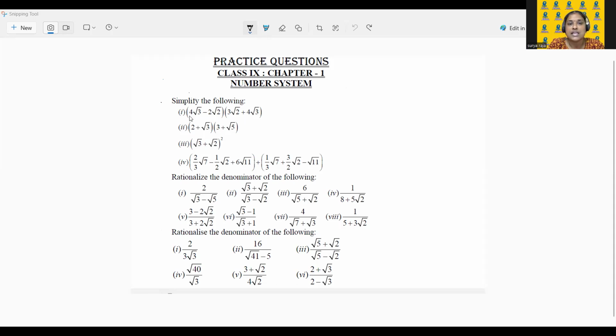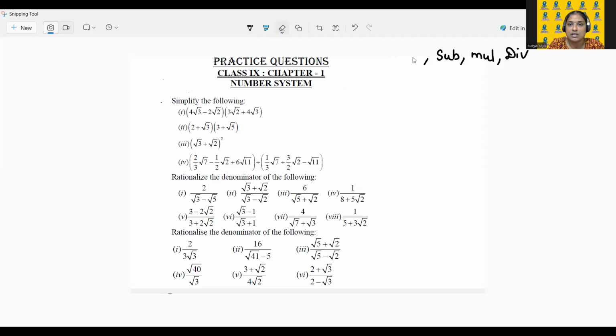Okay. See, first given here is simplify the following. To start this, you should know we can simplify. I mean, you can add, subtract, multiply, and divide inside these expressions.